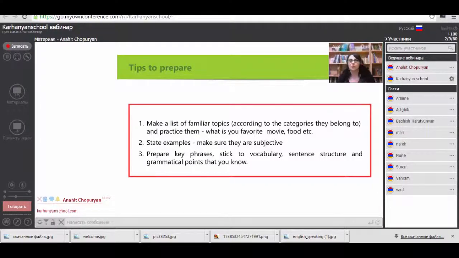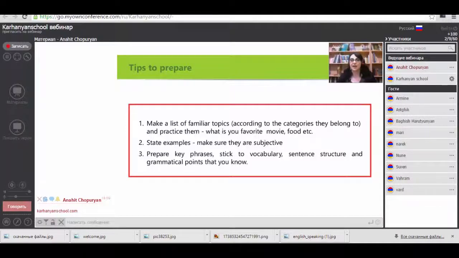What is your favorite movie, your food, about people, things, places, so make some categories. But I have already made these categories for you, so you can just take them and read them and make your speech accordingly. Then state examples.